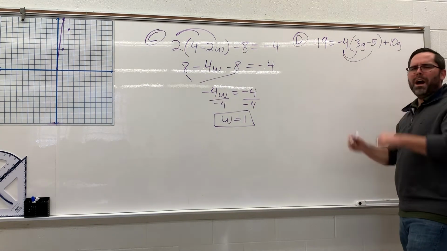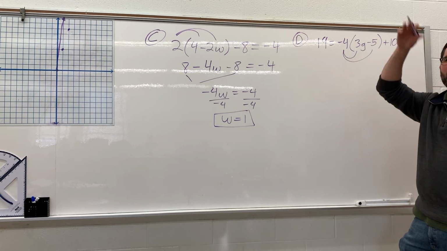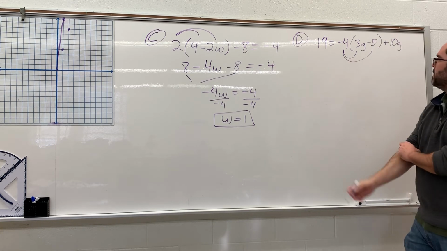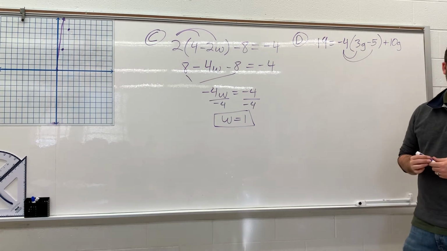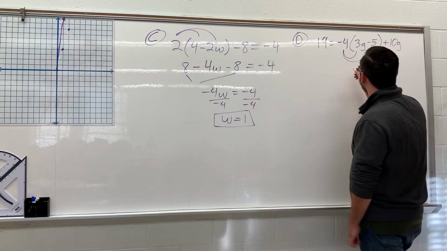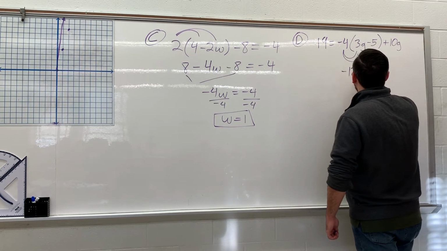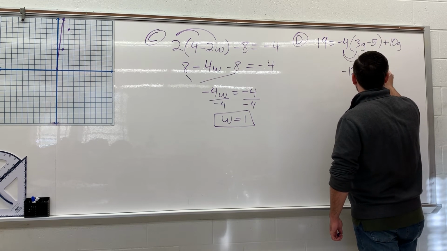That gives you... I'm writing them underneath because I didn't have room above, that's all. You can always write them above. Negative 4 times negative 5? Yes. So negative 4 times 3 is negative 12g. Negative 4 times negative 5 is plus 20.